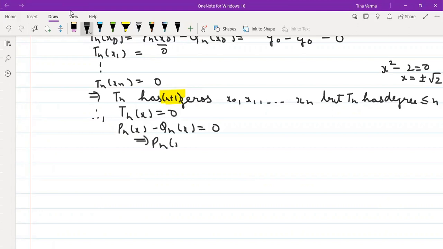That implies you have unique interpolating polynomial.